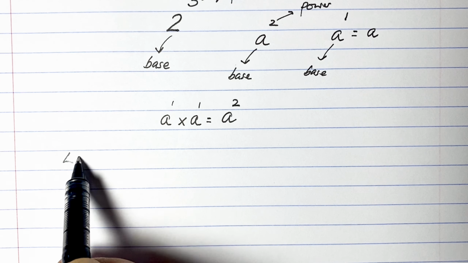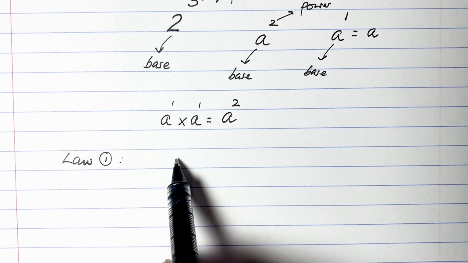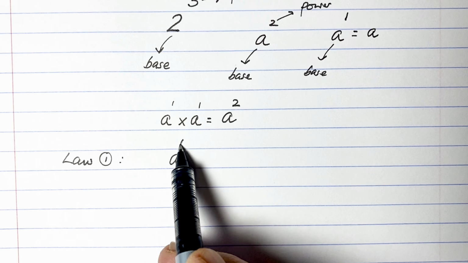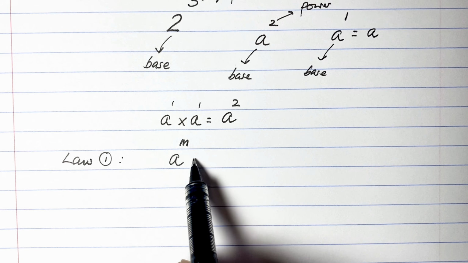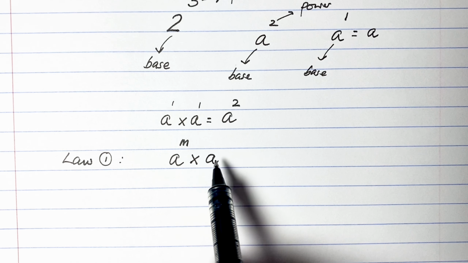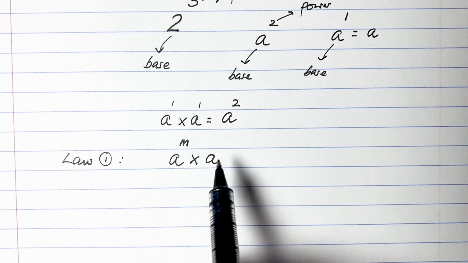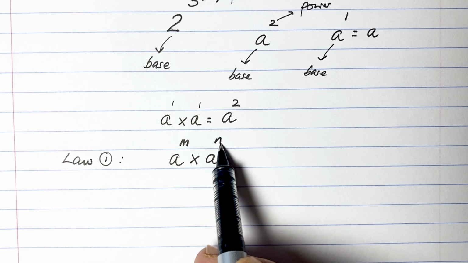Law number 1. If you have a base to a certain power and you multiply, it has to be the same base. You can't have a different base. It has to be the same base, a to the same power or a different power.